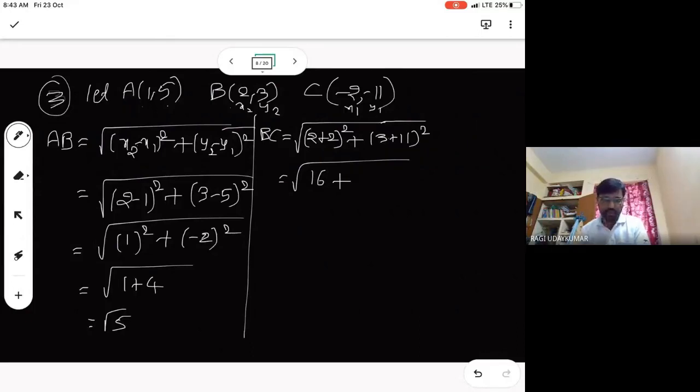What is the value of 14 square? Square values you should remember till 20.